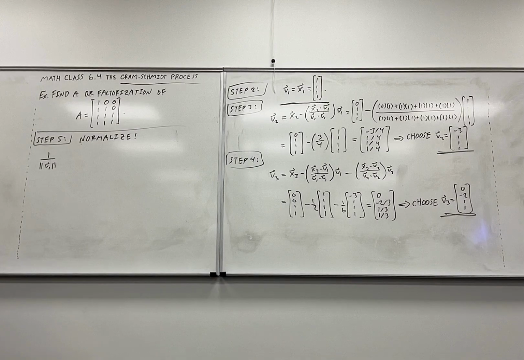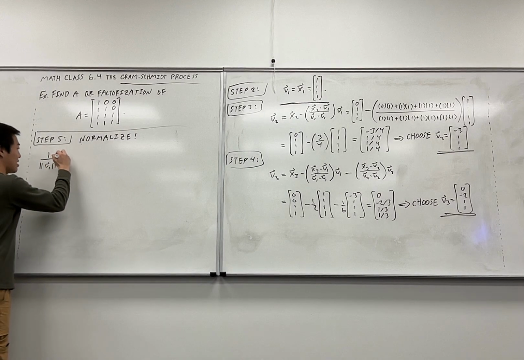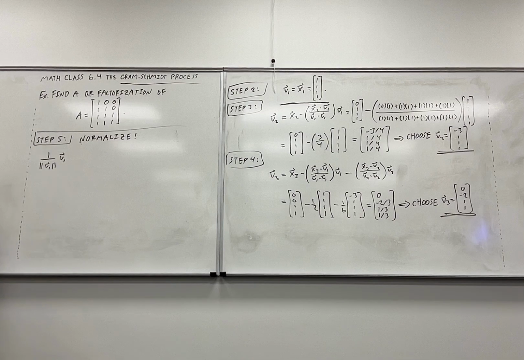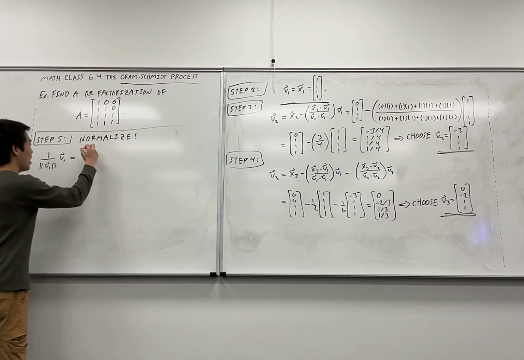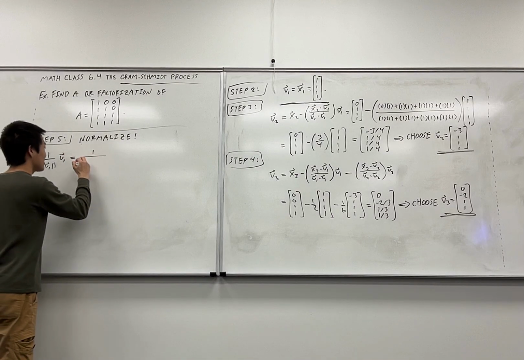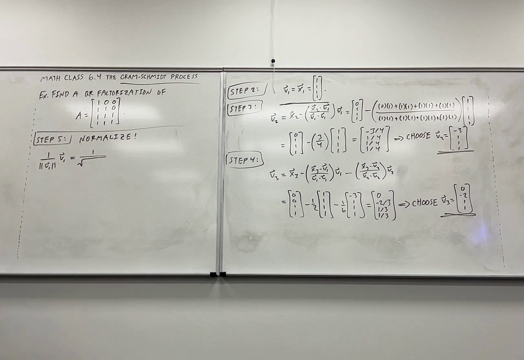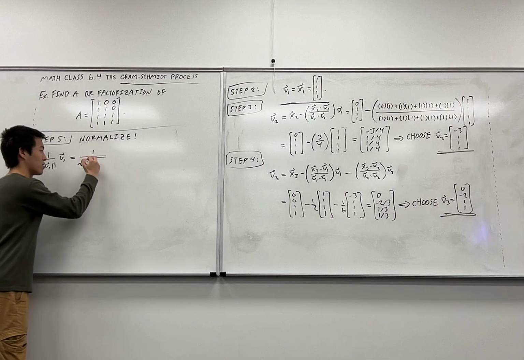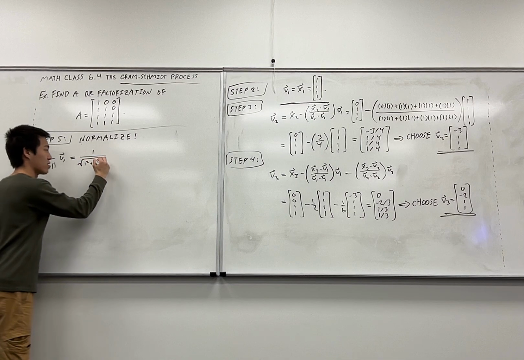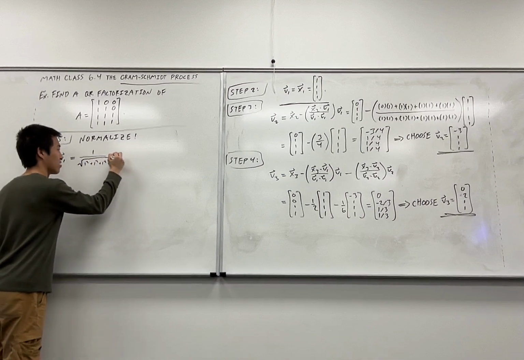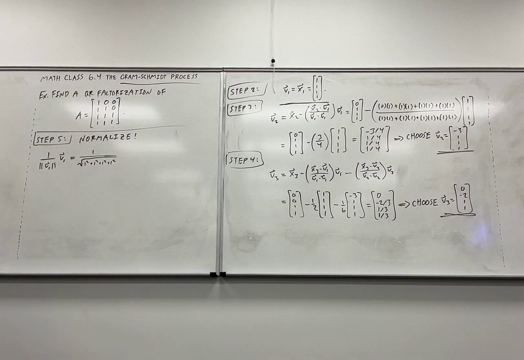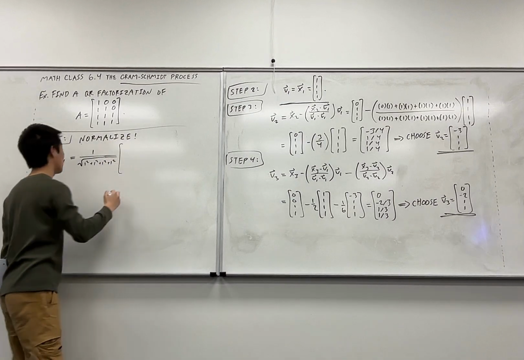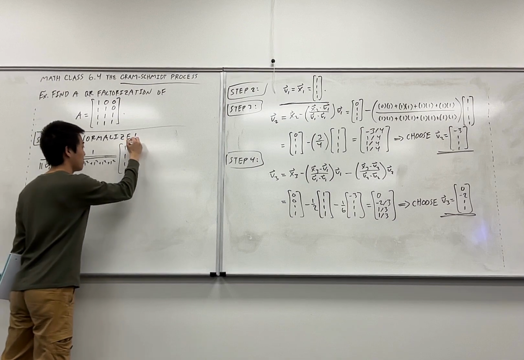That should spit out your constant. And then you take the vector itself and scale it according to 1 over its length. So, what's the length formula for V1? The square root of x1 squared plus x2 squared plus x3 squared: 1 plus 1 plus 1 plus 1. The square root of 4, 2. And then V1 is 1, 1, 1, 1.